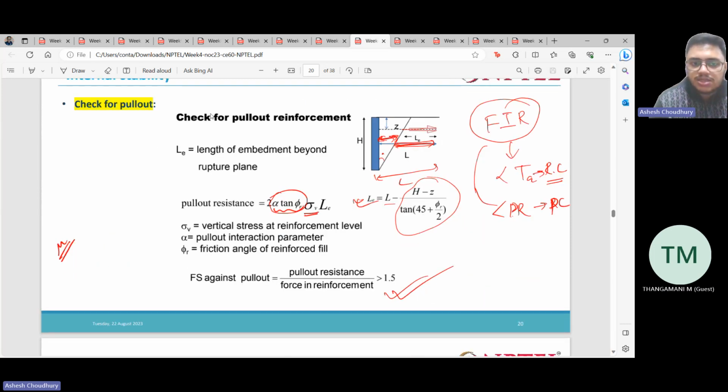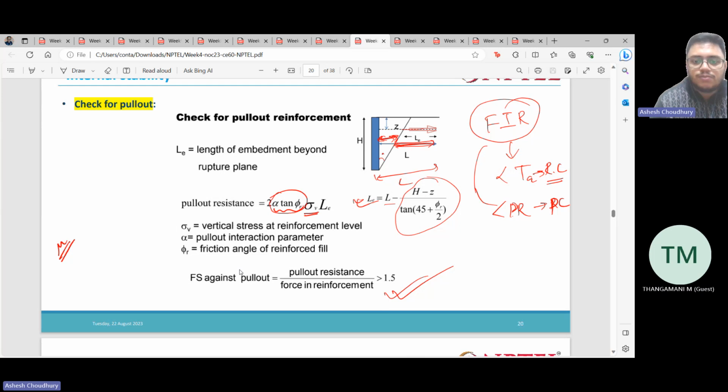Then there was the pull out check. We calculated the pull out resistance. How to calculate it? Twice the vertical pressure times the embedment length LE times the friction ratio alpha, that is, friction ratio times the vertical stress times the length.